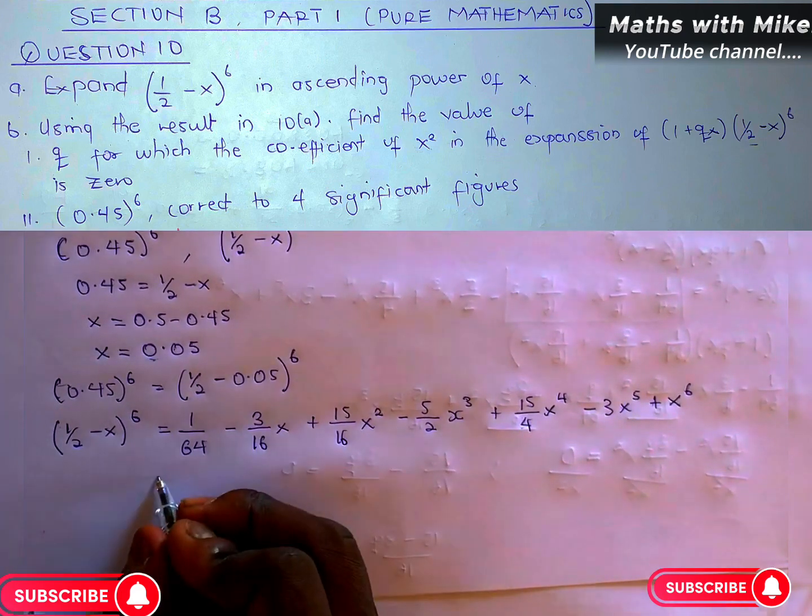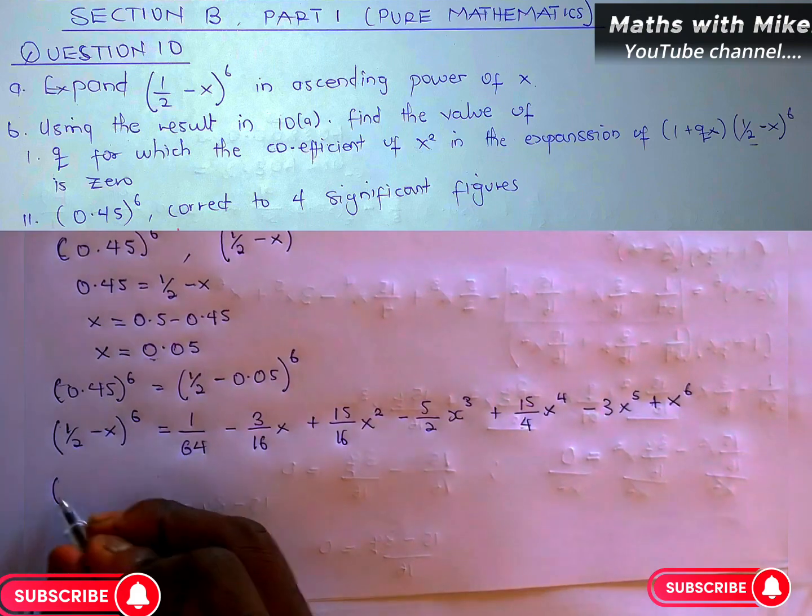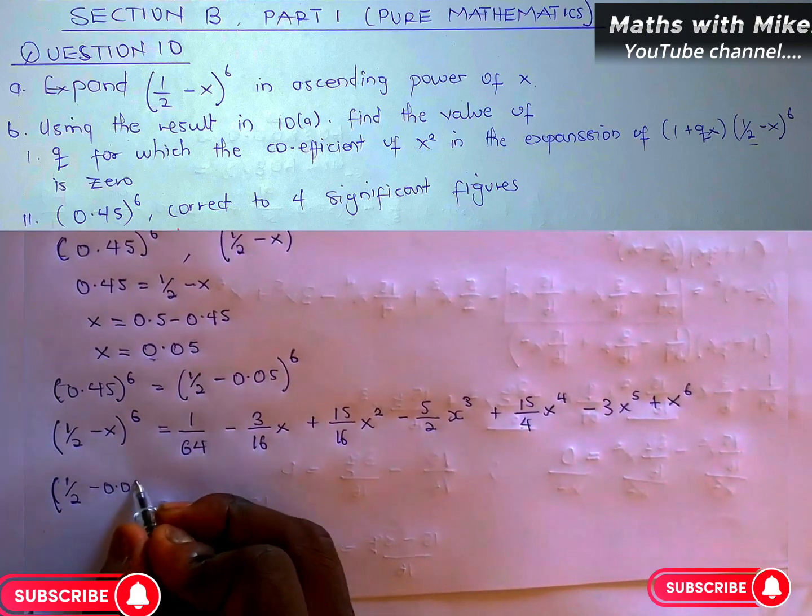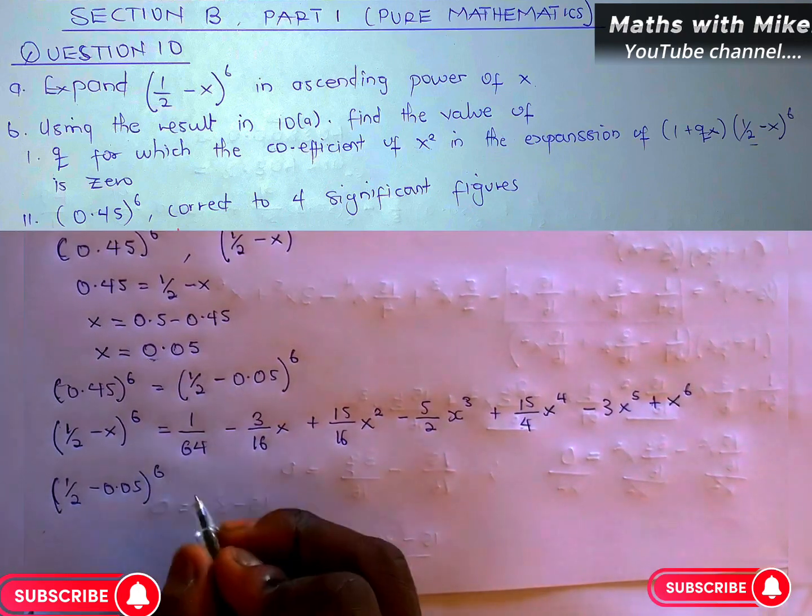So we are going to get 1 over 2 minus 0.05 exponent 6.